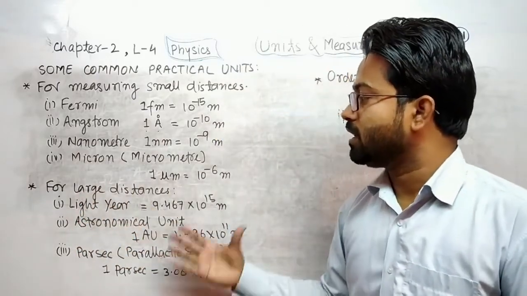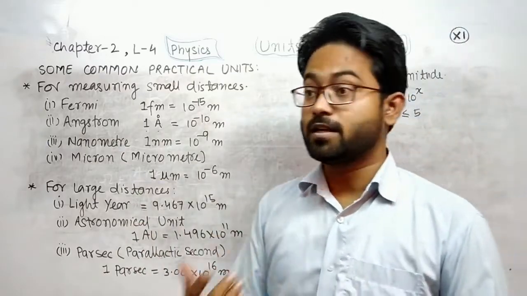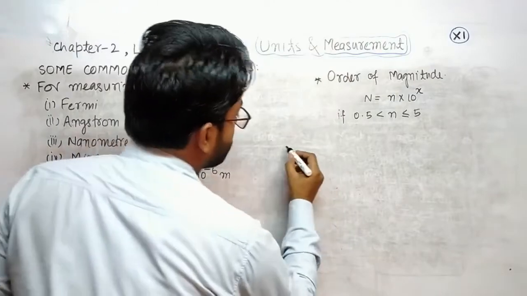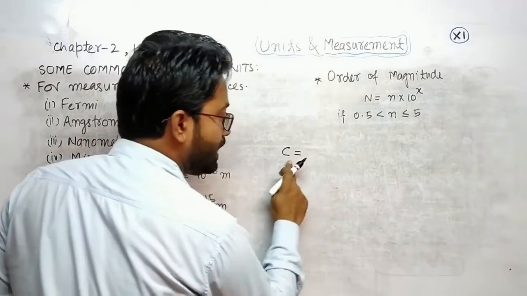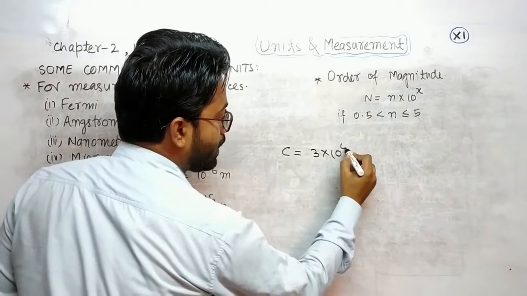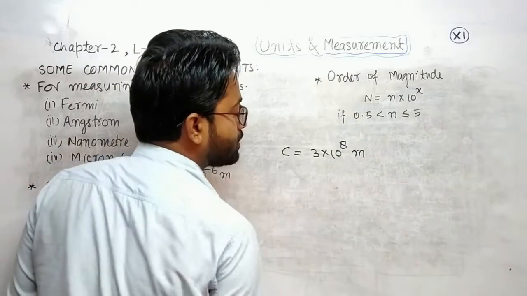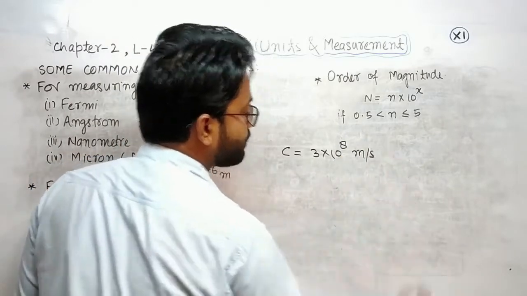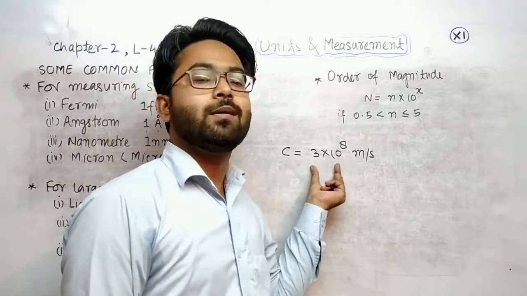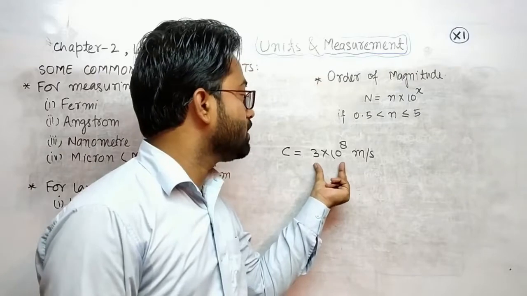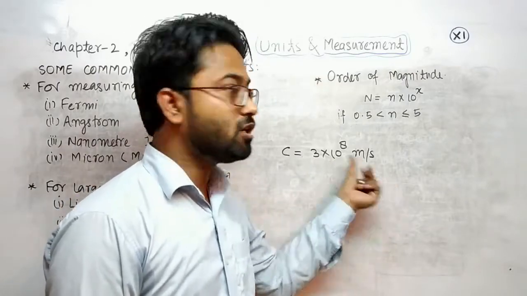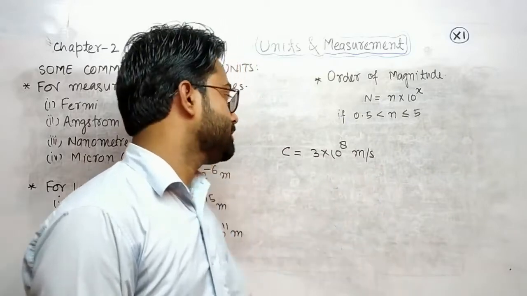These three units are very large. You can imagine how. c means speed of light, that is 3 into 10 to the power 8 meter per second, or you can say 3 lakh kilometer per second.